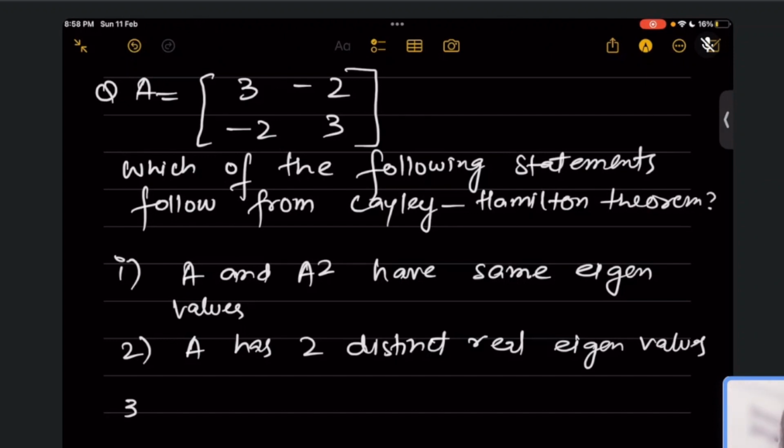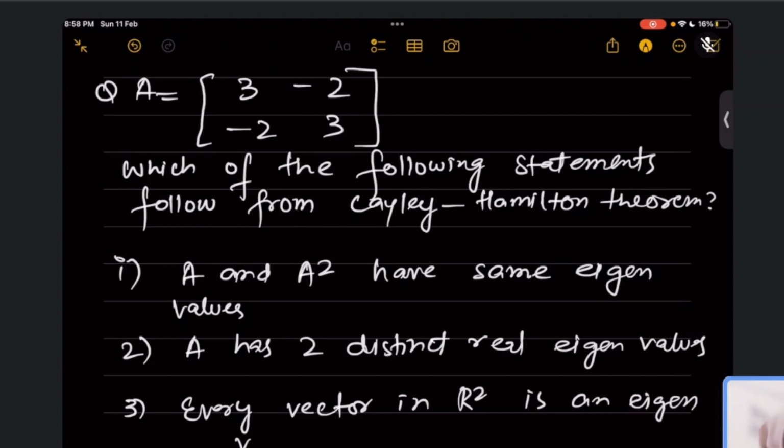Third is every vector in R square is an eigenvector of A. And fourth is none of these choices.